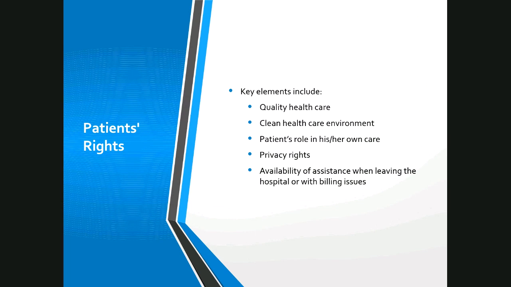So, for example, when we're looking at privacy rights, the patient has the right to confidentiality of their lab reports. They have a role in their own healthcare, so we present to the patient the diagnosis and the potential treatments, giving the patient an option to be part of his or her own care and make those decisions.